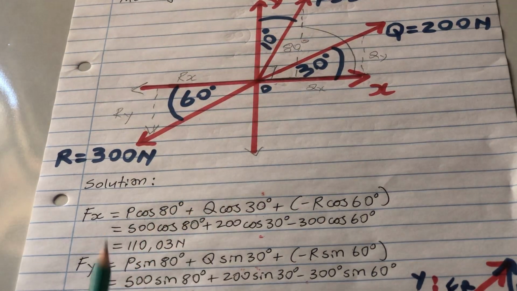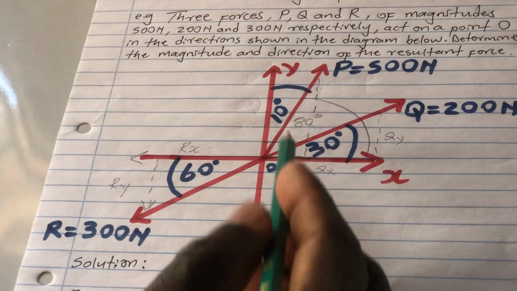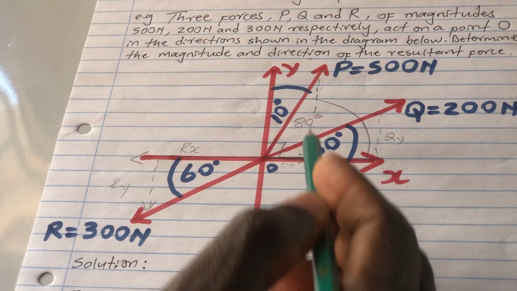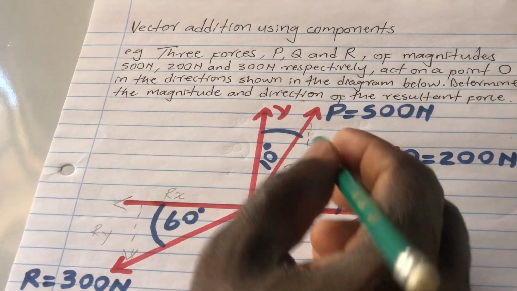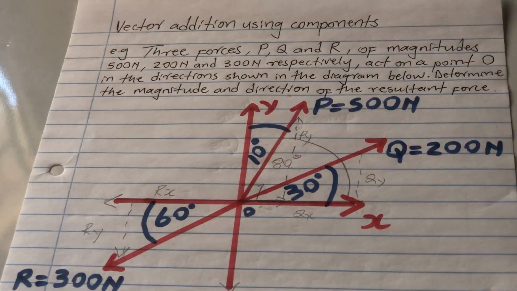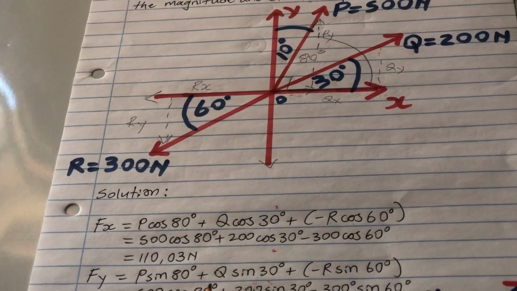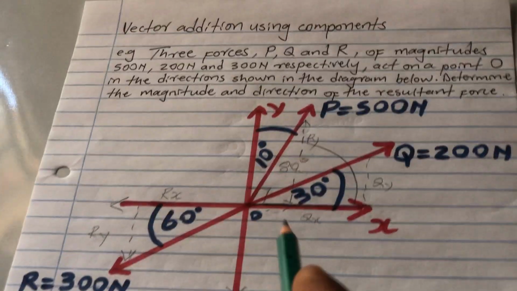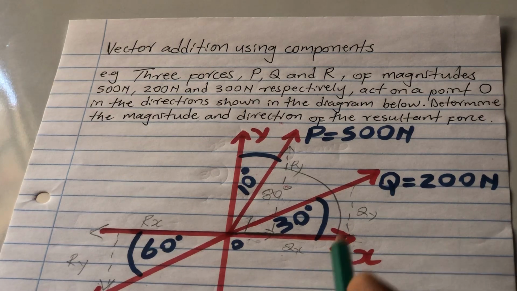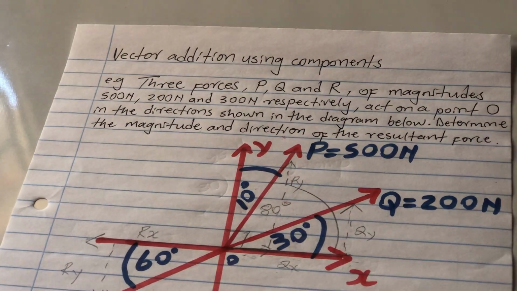If you come to P, for PY, it is pointing up here. The PX pointing to the right, and then the PY pointing vertically upward. That's why it's carrying a positive sign. Let's come to Q. It is carrying positive. The QX is pointing to the right, whereas the QY is pointing vertically upward.